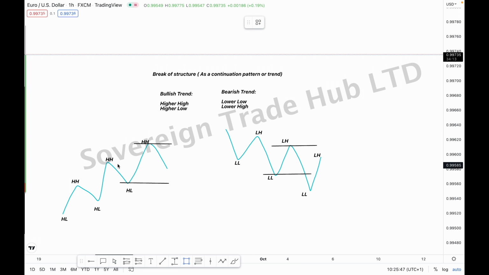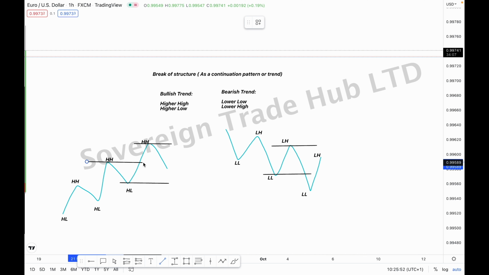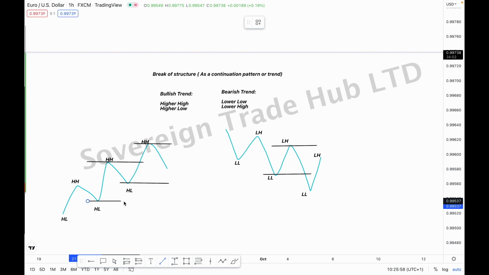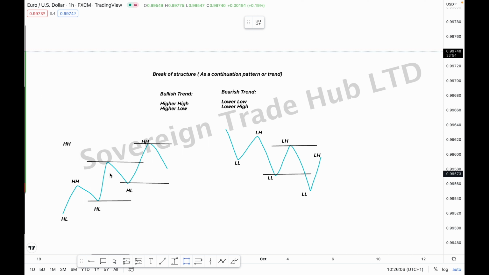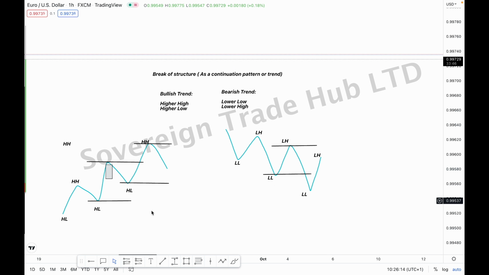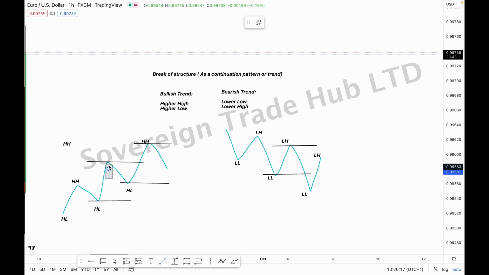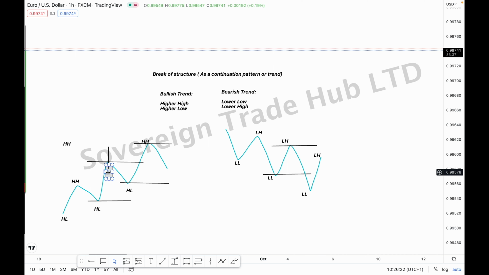Now, let's take, for example, this range. At this range, we notice that the market did something like this. Believe me, this is an invalid close. This is weak.